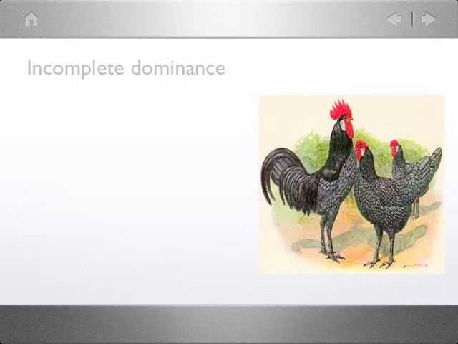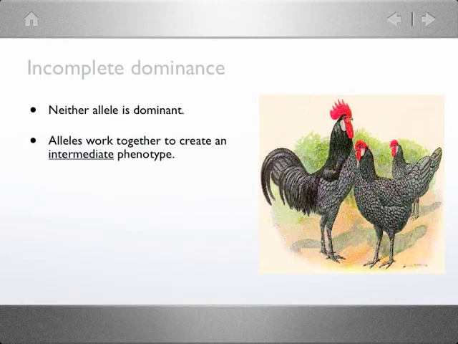So this first one is called incomplete dominance or blending inheritance. And what you see here is a rooster that is gray instead of black or white. So neither allele is dominant. Alleles work together to create an intermediate phenotype, which would be the gray one.